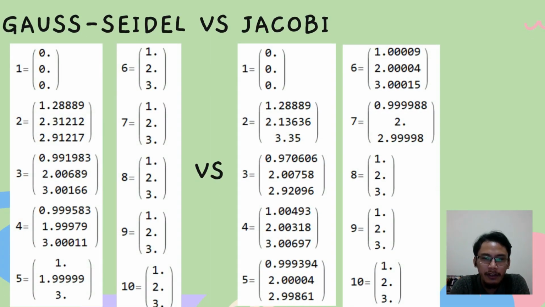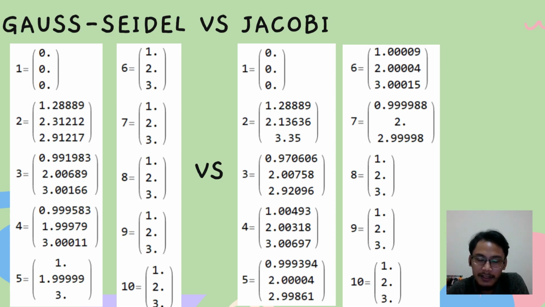So now we will talk about the difference between Gauss-Seidel and Jacobi. We can see here that with Gauss-Seidel, the solution actually converged earlier, which is during the fourth iteration. On the other hand, with the Jacobi method, the solution will actually converge during the seventh iteration.